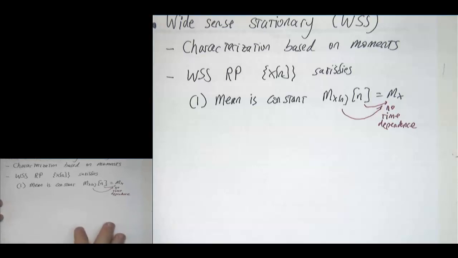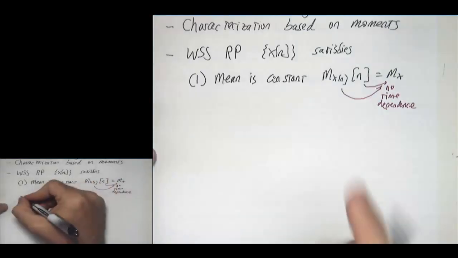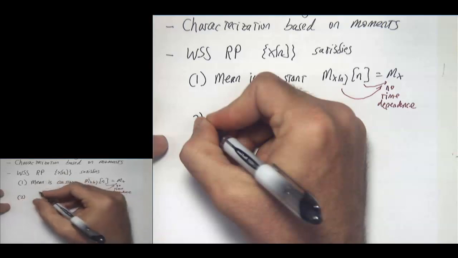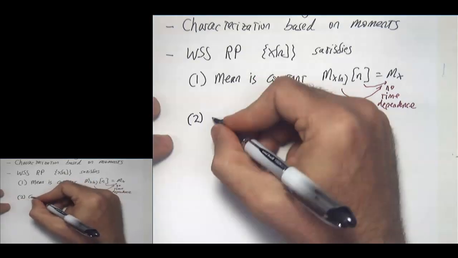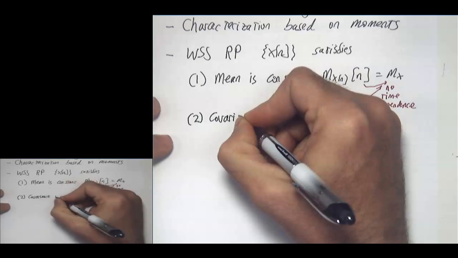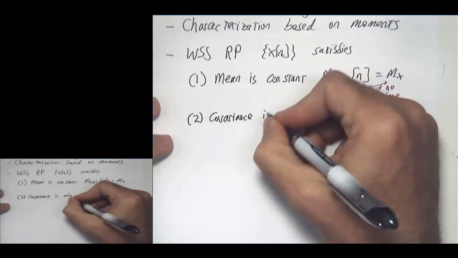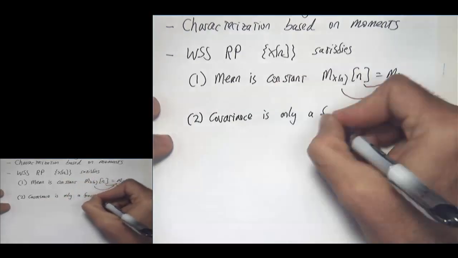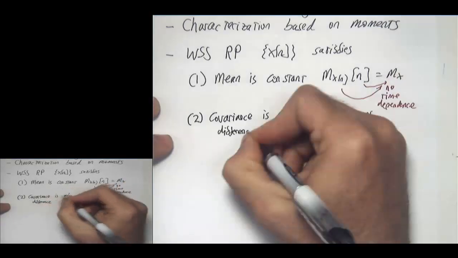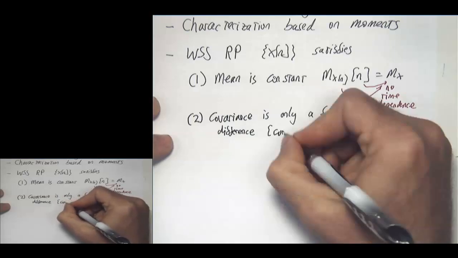The second one is also important here, and that is that the covariance is only a function of the difference. Equivalently, the correlation.